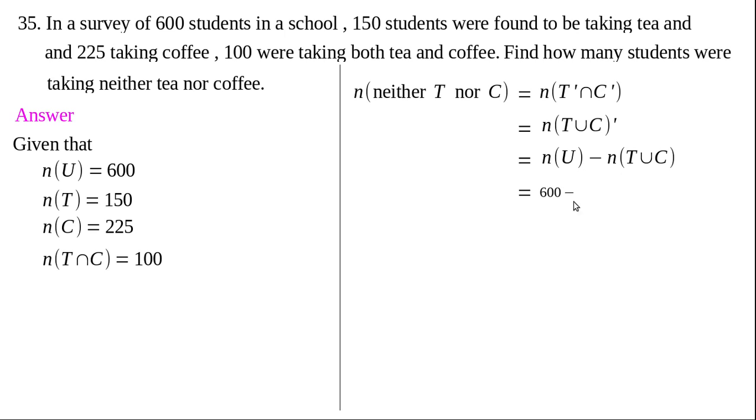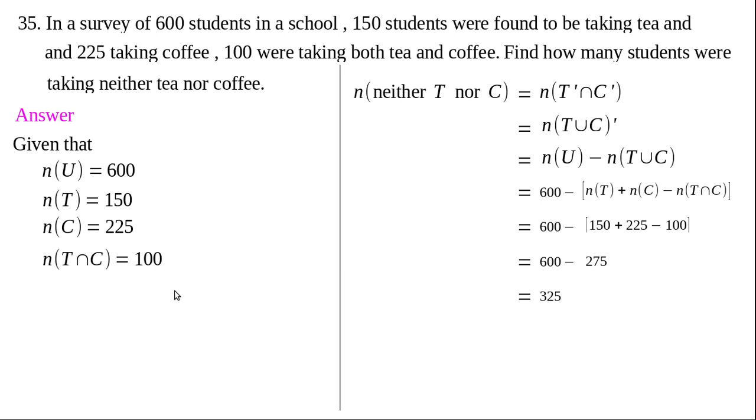That is number of T plus number of C minus number of T intersection C. Just replace these numbers by the given numbers like this. Then you get 600 minus 275. Then you get 325. 325 is the number of students who take neither tea nor coffee.